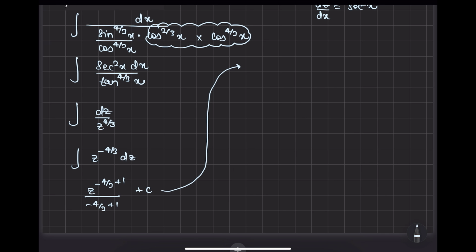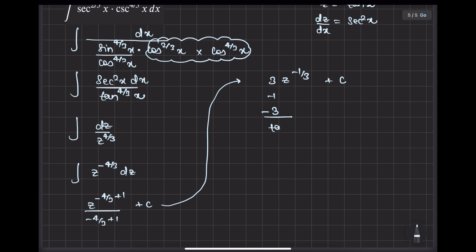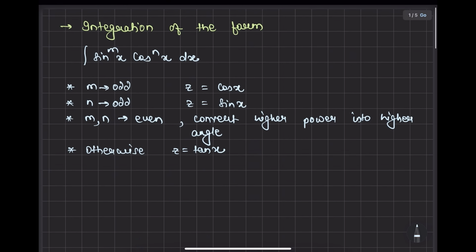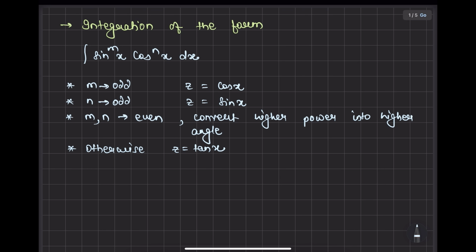Now you can write it as z power minus 1 by 3, and here also minus 1 by 3, plus integration constant c. So minus of 3 upon z power 1 by 3. So who is z? z is tan x, so tan x power 1 by 3, plus integration constant c. So this is the integration of the given question. Okay, I hope if you get a question from this category, you guys can interpret.